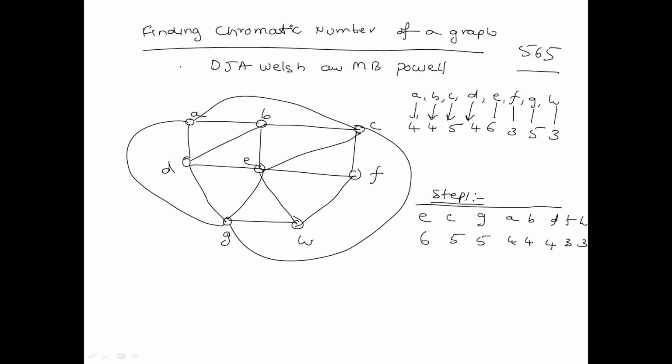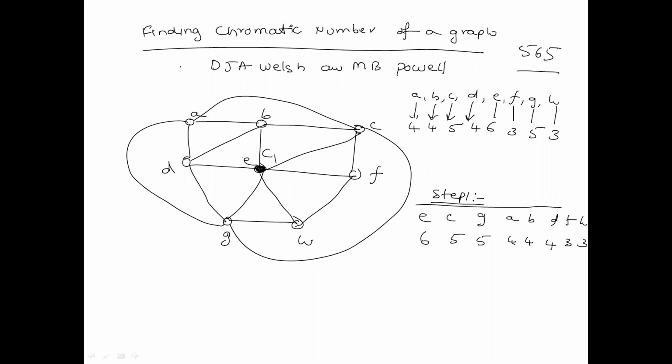Then for the highest one, you give the first color. That is the only thing they are suggesting. So E is the vertex with the highest degree, so you give the first color to it. Then you see which vertices are not adjacent to E. A is not adjacent; B, C, D, F are adjacent, and the remaining are all adjacent.